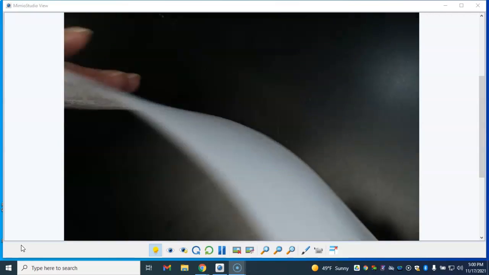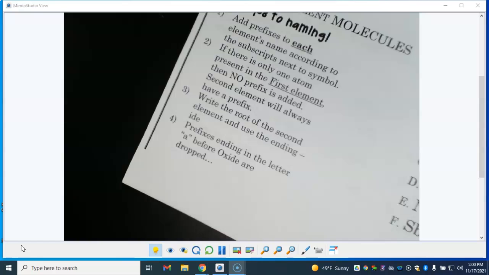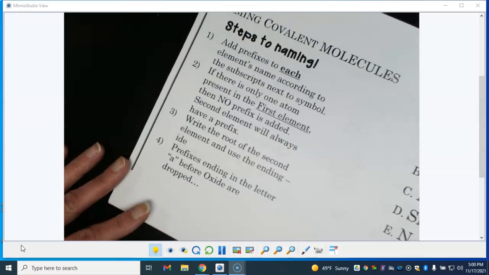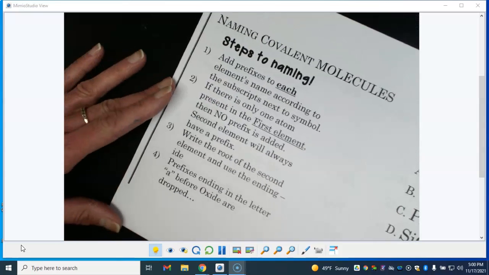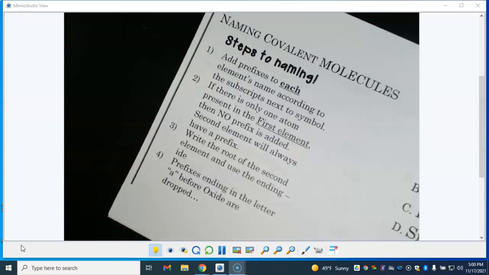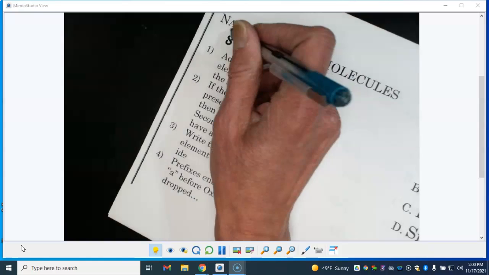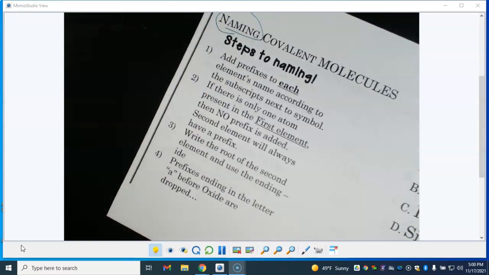Okay? So now let's look at the formula, and we are then going to come up with the correct name. So I'm going to start again with this list, because I'm going so fast. This step-by-step is actually on Google Classroom, so you'll just have to access it. So now we're going to write names for the formulas.